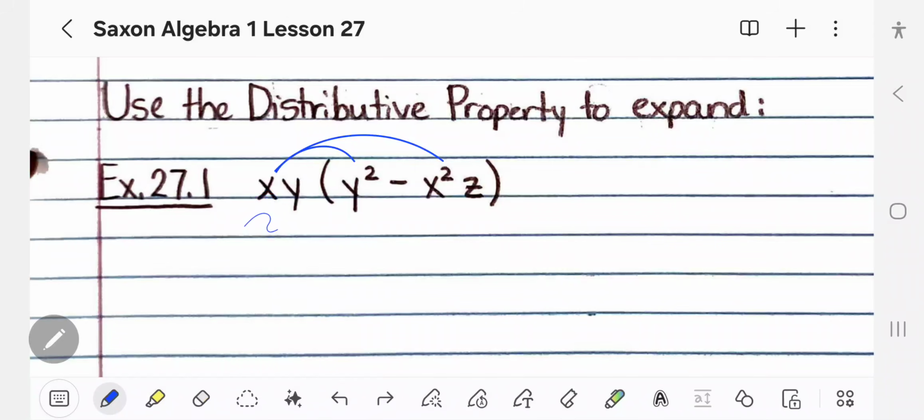Okay, so I'm going to write out the step, xy times y squared. And then I would add to that, we're going to think of this as the opposite of this term. Okay, so plus, and then we're going to have a xy times the opposite of x squared z. Okay?